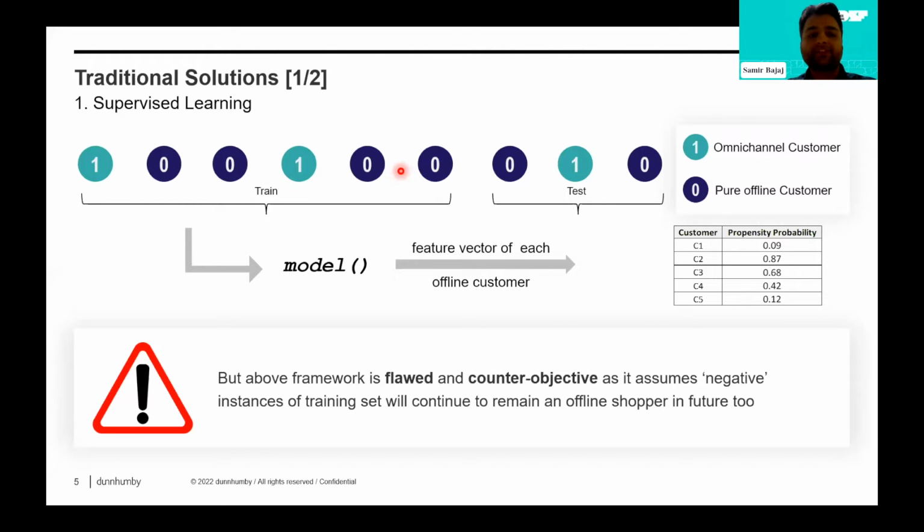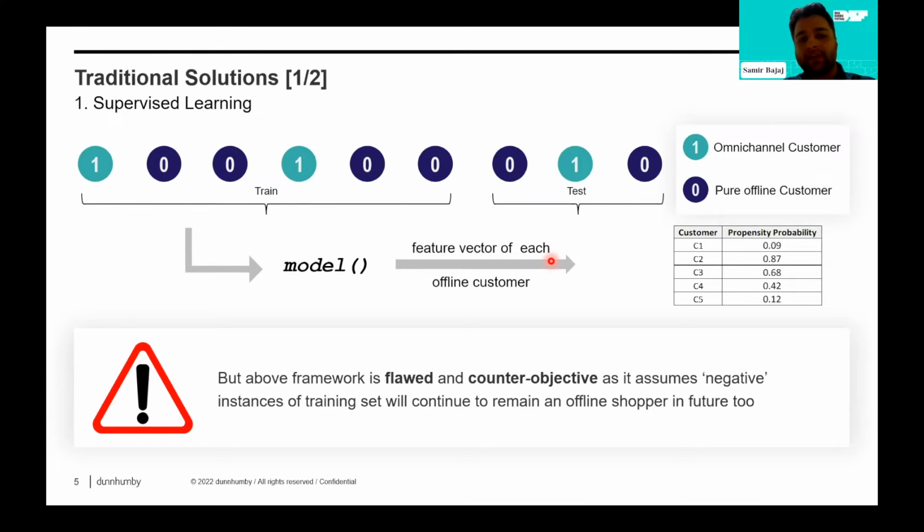And also there could be a chance that they are already shopping online on other channels. So within these so-called negatives, there is a chance that they could be potential online channel customers. So this framework is flawed and counter-objective, as it assumes the negative instances of the training set will continue to remain offline shoppers in future too.